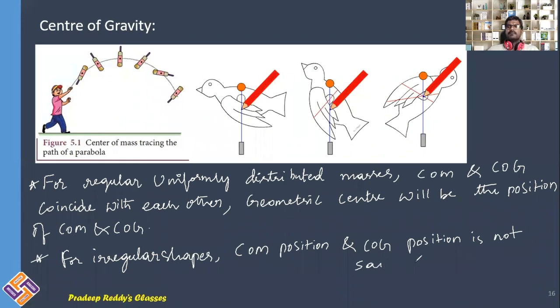They are different. Center of gravity position will be different, center of mass position will be different. And remember, there can be mass situated at the position of center of mass, or there need not be any mass situated at the position of center of mass. That's a very important thing you should remember.